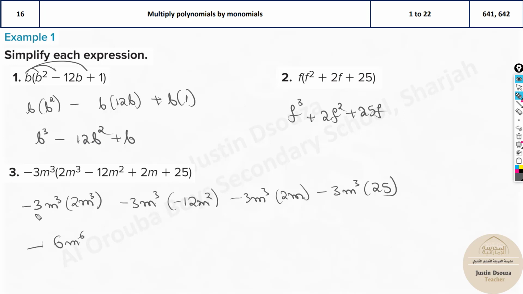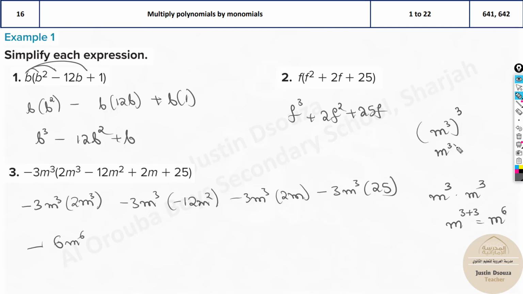Let me tell a little bit of details on this. Whenever we have m cubed multiplied by m cubed, the base is the same, so all you need to do is add the powers up. It will be m to the power 6. Whereas if it was m cubed the whole power 3, in such cases there's only one base, and the powers are multiplied.